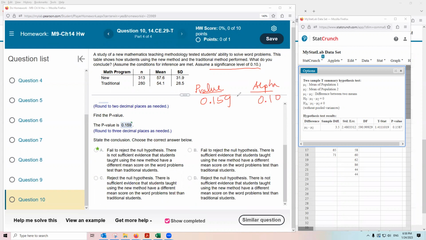Well, this p-value is greater than alpha. And the rule is whenever the p-value is greater than alpha, your decision is fail to reject the null. So I'm going to go with this answer, fail to reject the null. There's not sufficient evidence that students taught using the new method have a different mean score than using the traditional method.